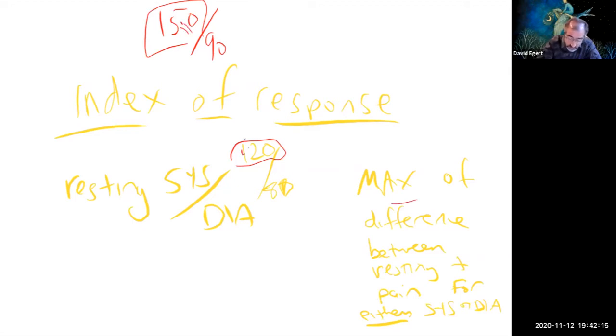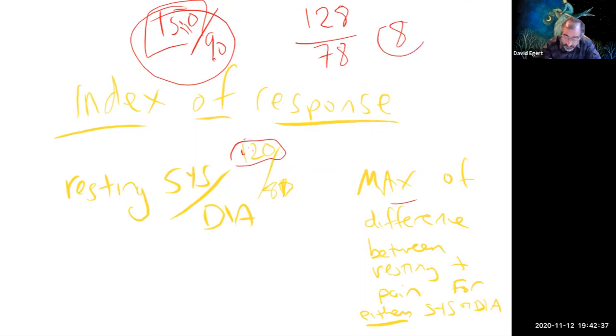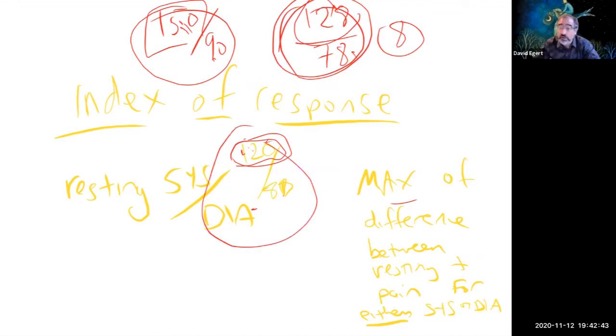This index of response would be 30, because the largest difference between either the systolic or the diastolic is 30. If somebody went up to 128 over 78 or something, this would be an index of response of just 8, because that's the largest difference between during the pain and their resting.